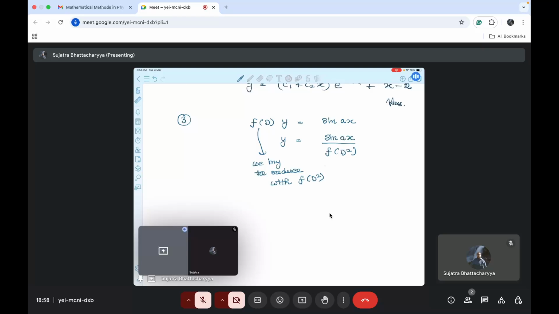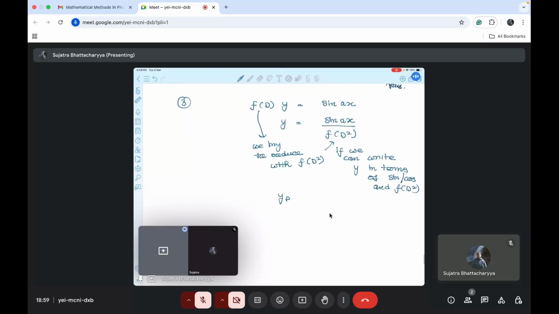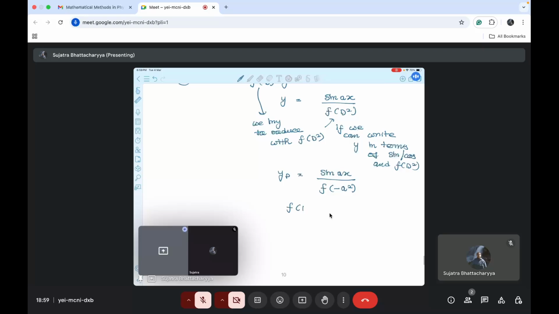So if we can write y in terms of sine or cos and f of d square, then how will we solve this? Your y of p will become sine of ax divided by f of minus a square. So f of d square, we have to write it as f of minus a square.